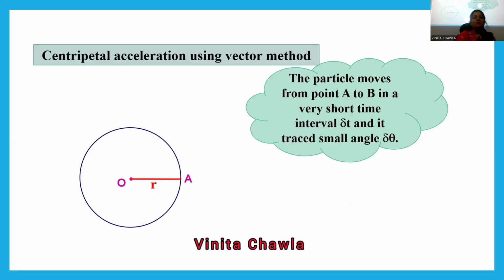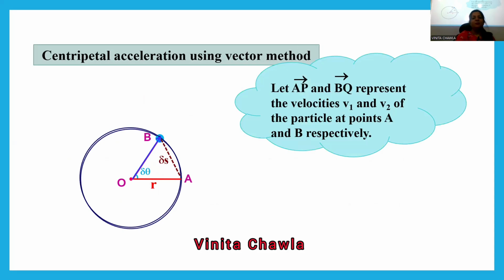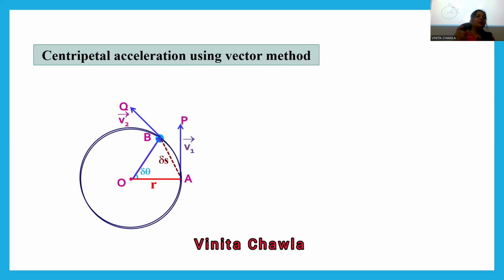The particle moves from point A to point B in a very short time interval del t, and it subtends a small angle del theta. Let vector AP and BQ represent the velocity vectors v1 and v2 of the particle at points A and B respectively. So at point A, the velocity of the particle is vector v1, while at point B, the velocity is vector v2.